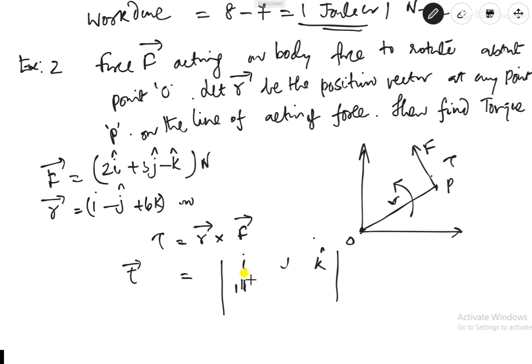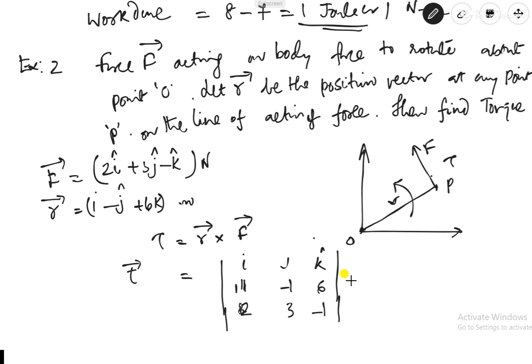Similarly, F is 2, 3 and minus 1. So this is a determinant matrix.